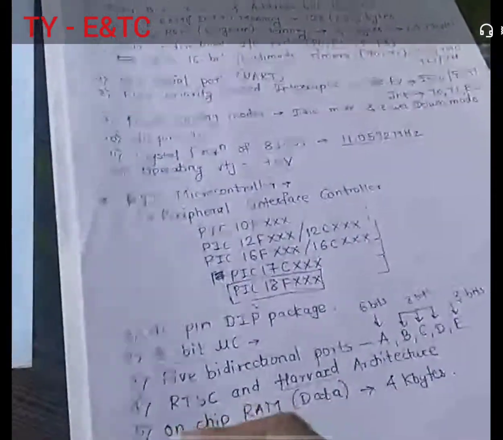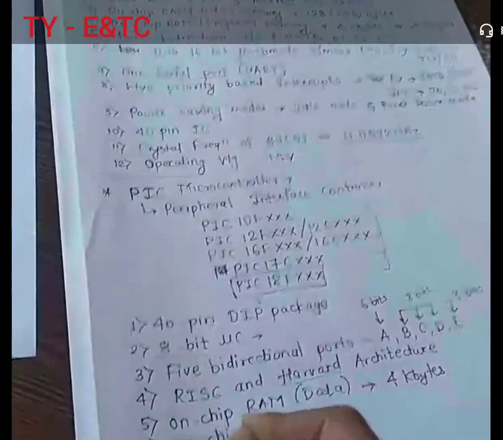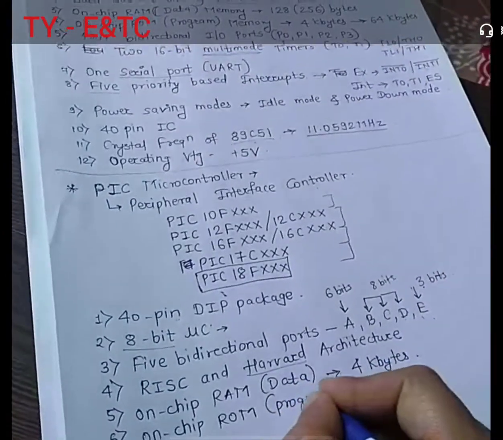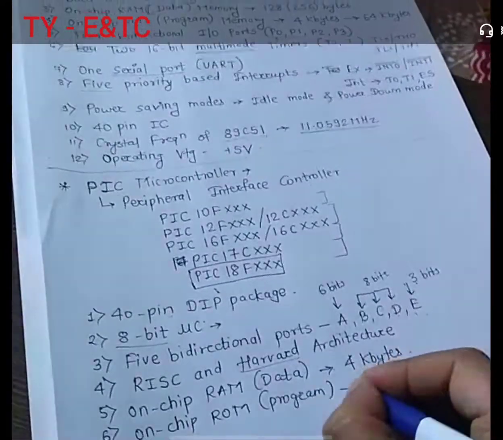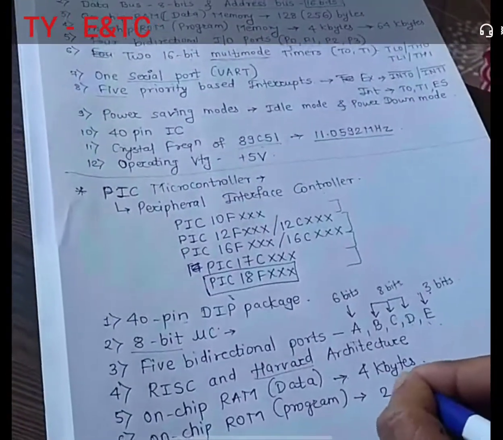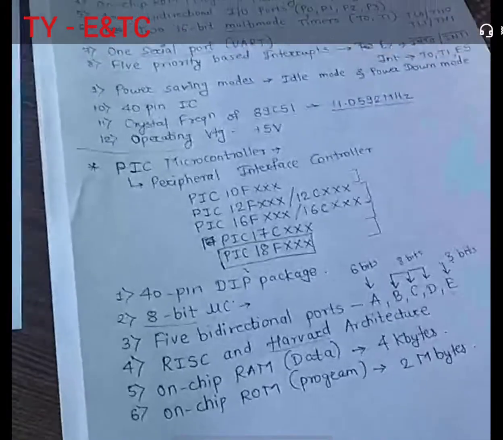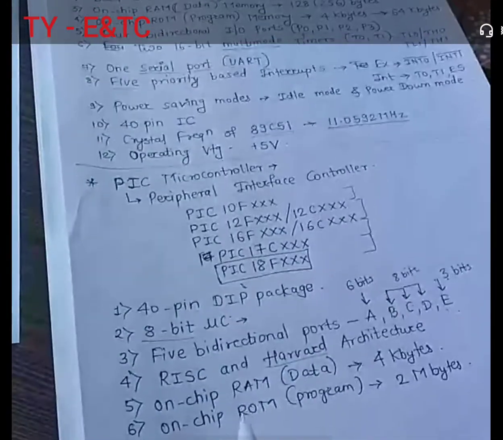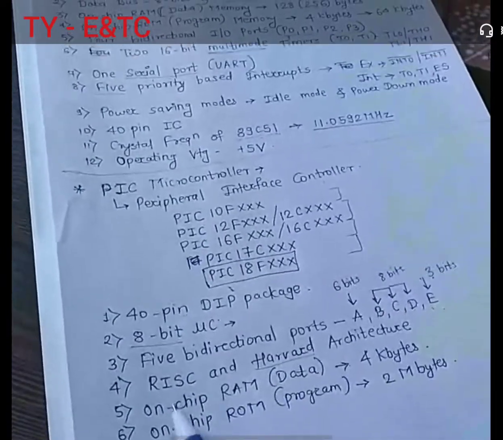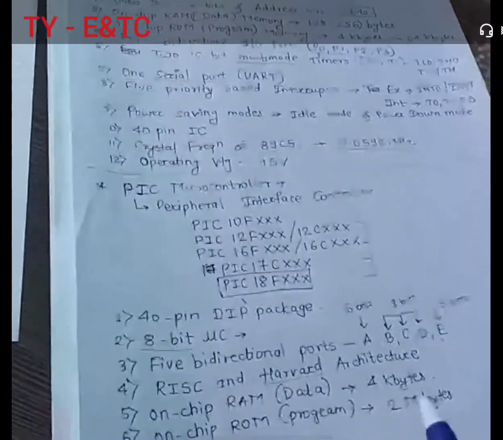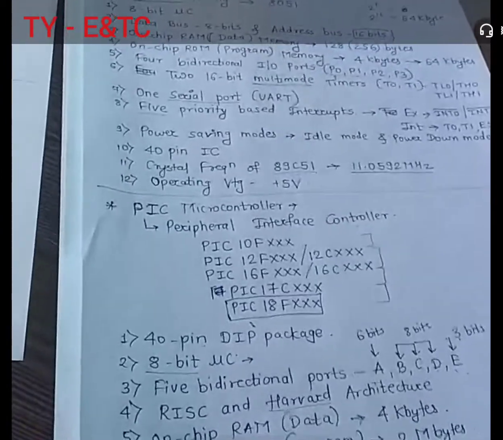And it has on-chip ROM, that is program memory, of 2 megabytes. How much? 2 megabytes. Here you can see the on-chip data memory is 4 kilobytes and the on-chip program memory size is 2 megabytes.